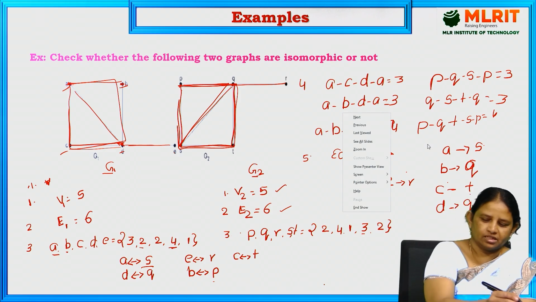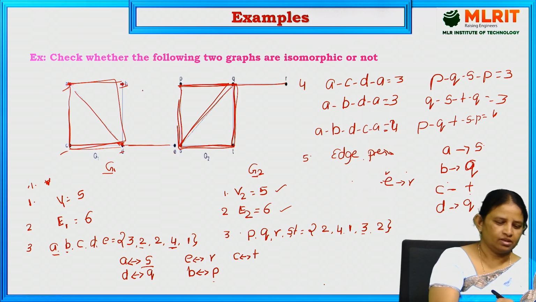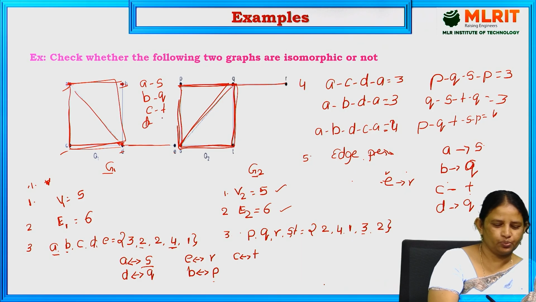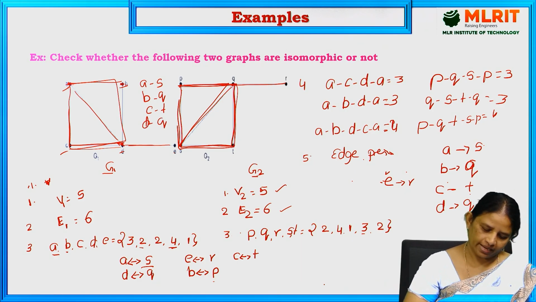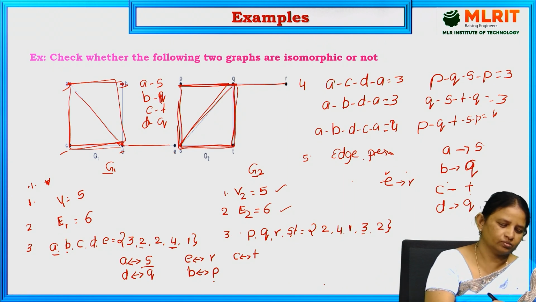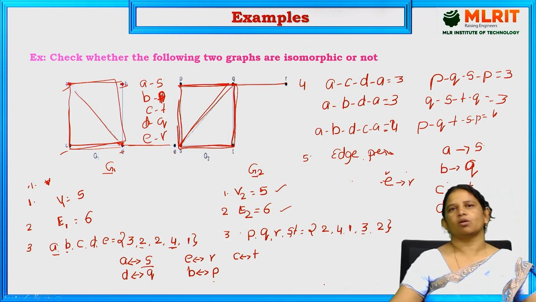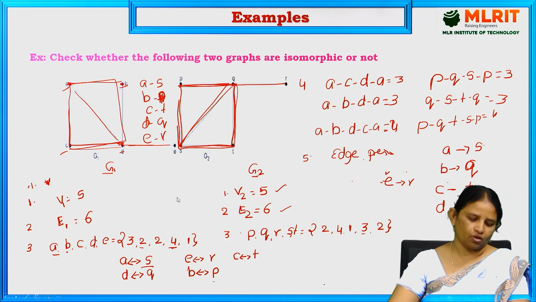So A is S, B is Q, C is T, D is Q. B is P, not Q. Then E is R.